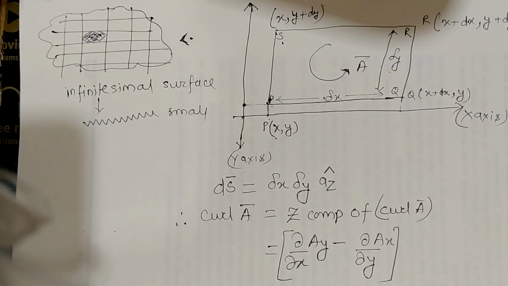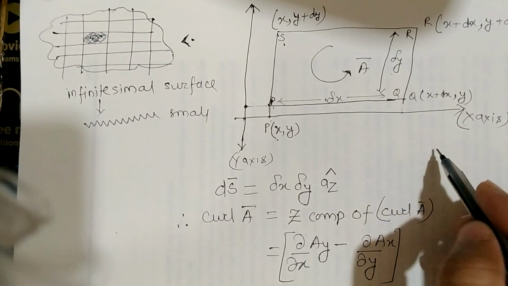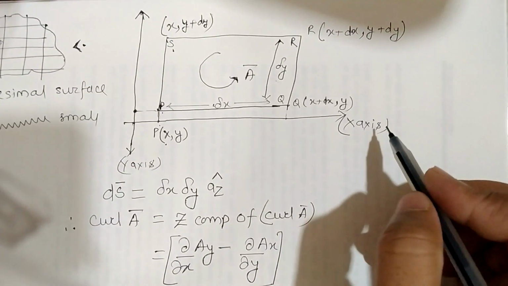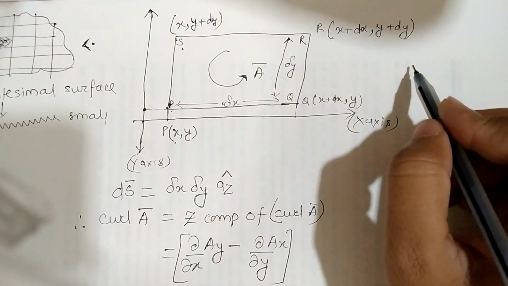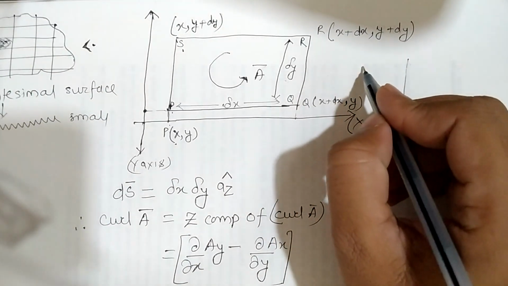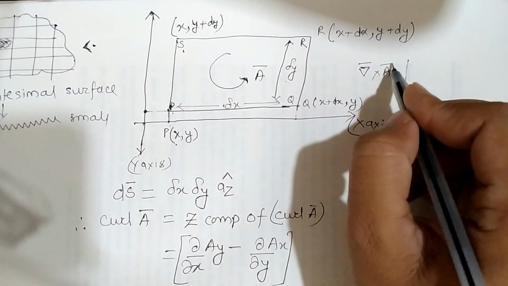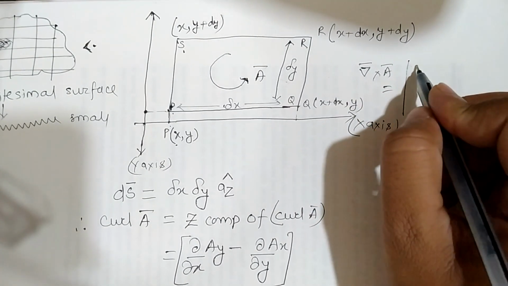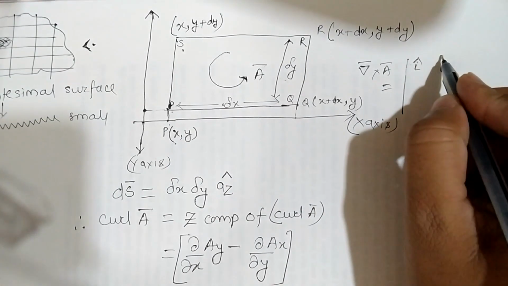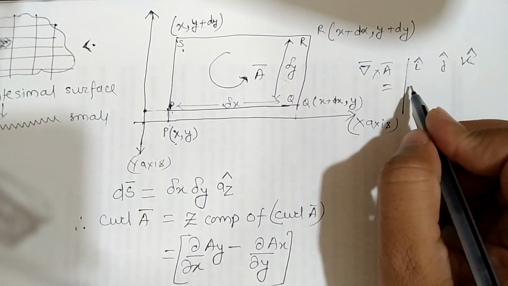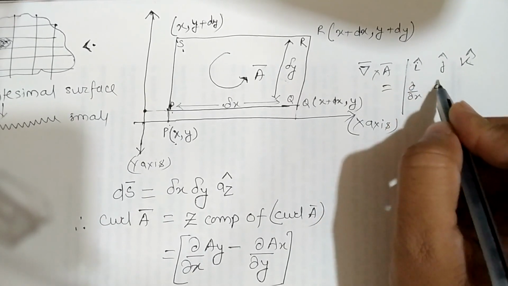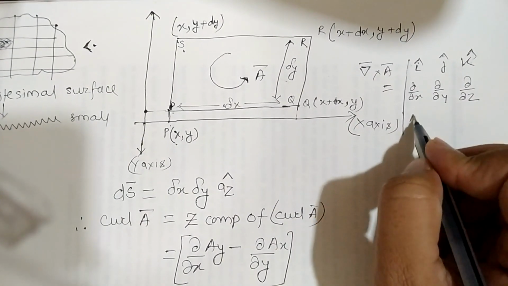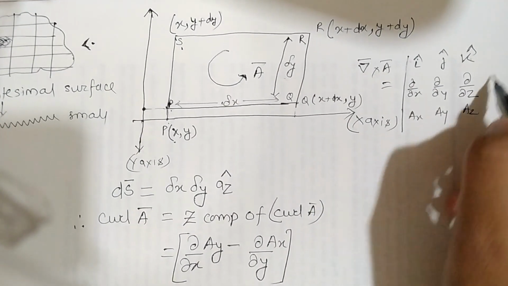Now why are we getting this value? The reason is, if we solve the matrix of del bar cross a bar, it will be equal to i cap, j cap and k cap, then del by del x, del by del y, del by del z, then ax, ay and az.